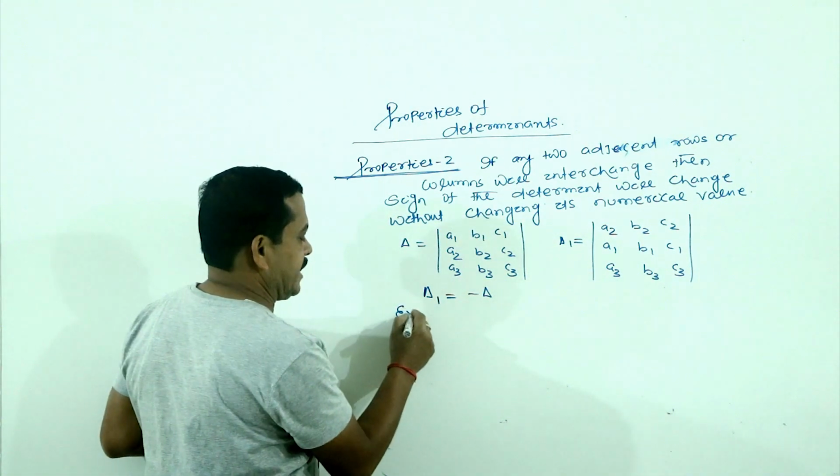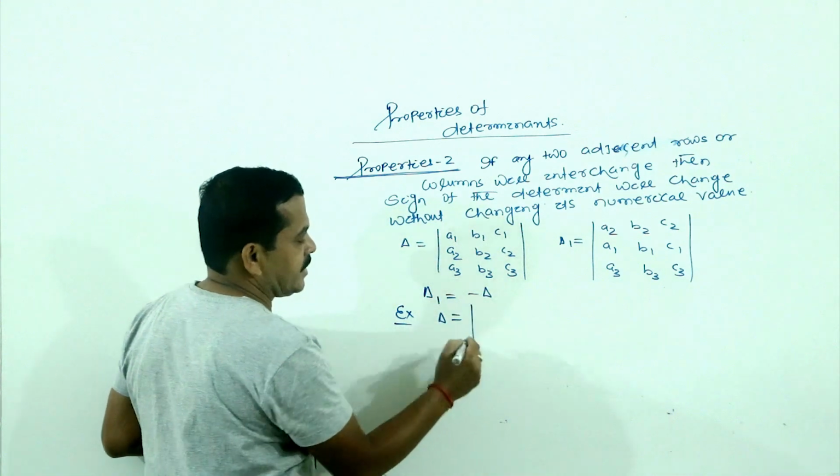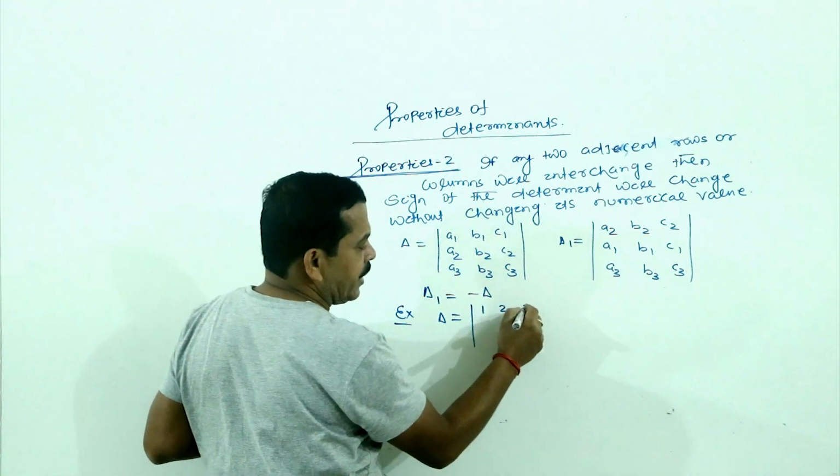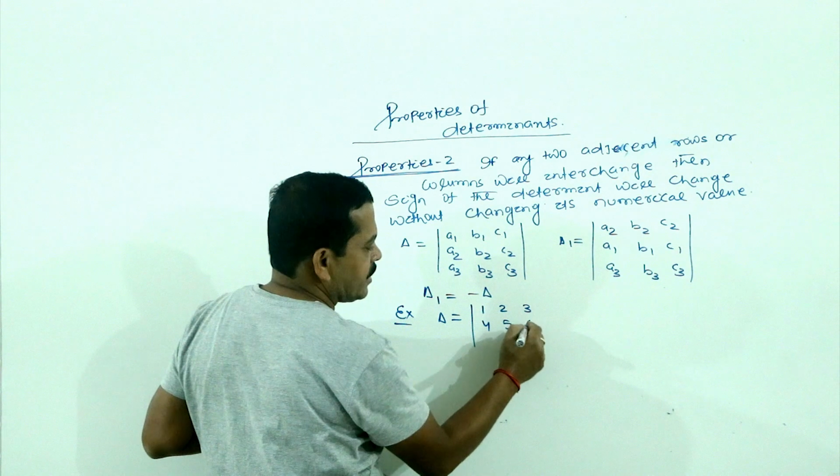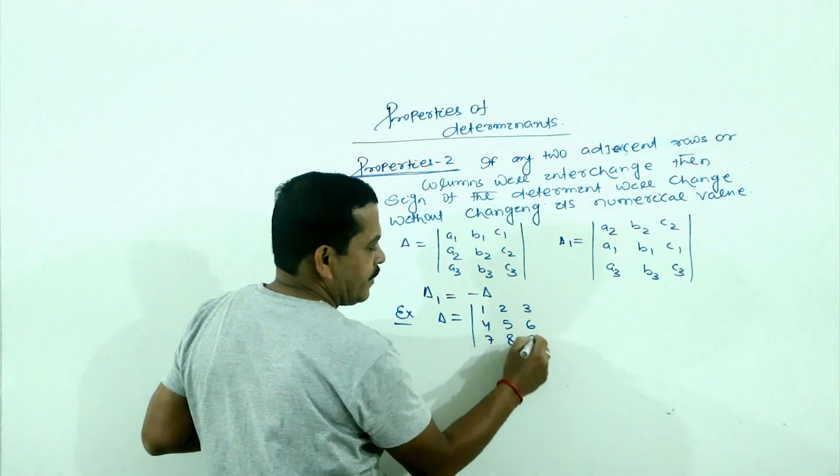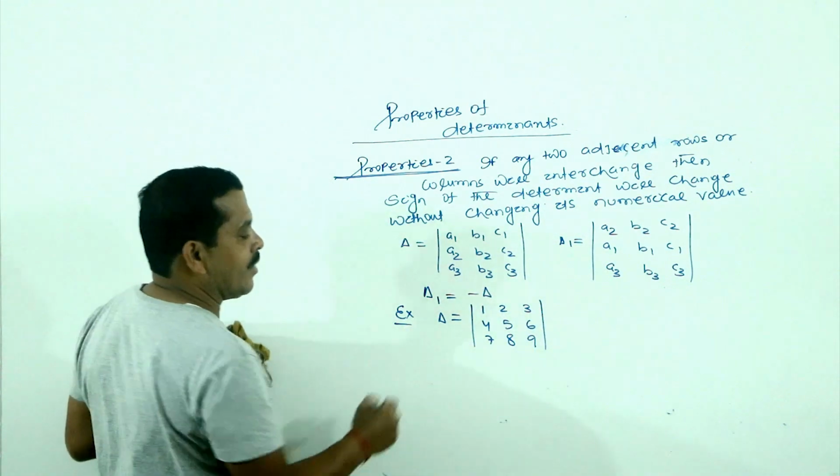For a particular example, suppose the determinant is 1 2 3, 4 5 6, 7 8 9. Suppose this is a determinant of third order.